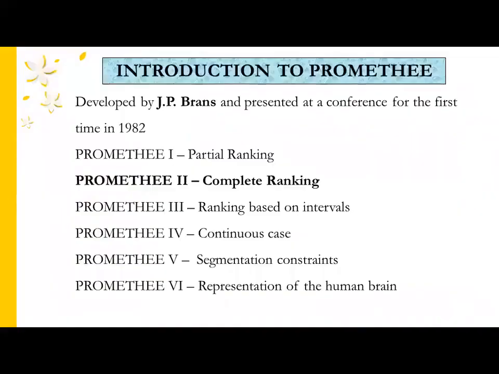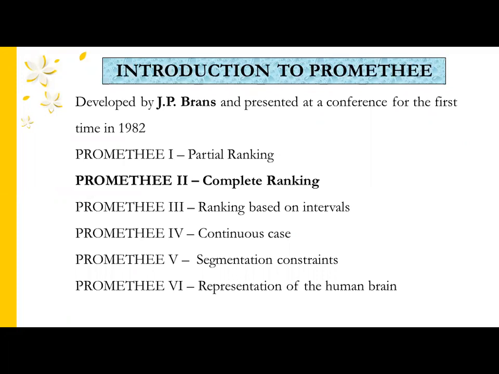This PROMETHEE method was developed by J.P. Brans, and this method was first presented at a conference in the year 1982. In this video lecture, we are going to see PROMETHEE 2, which is a complete ranking method. We have several extensions starting from PROMETHEE 1 to PROMETHEE 6.